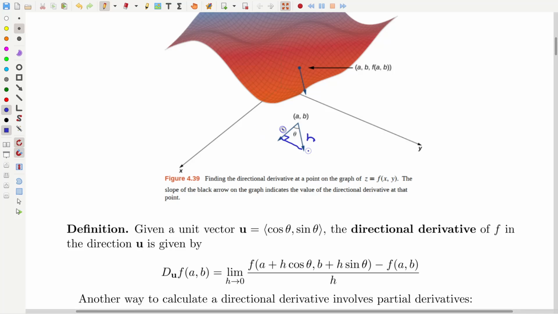Then this side has length h cosine theta by trigonometry: the adjacent over hypotenuse is cosine of theta, so you can divide these two and you get that quantity.